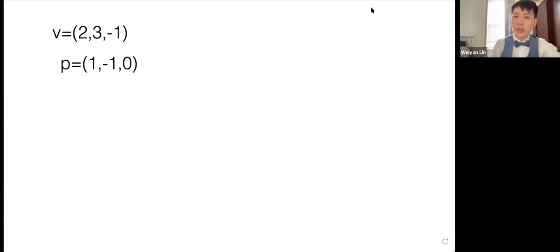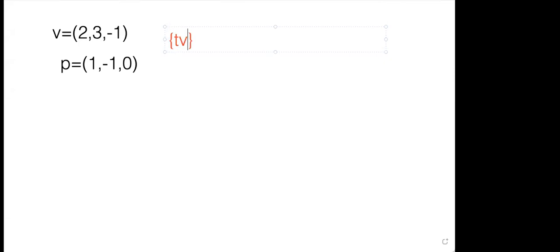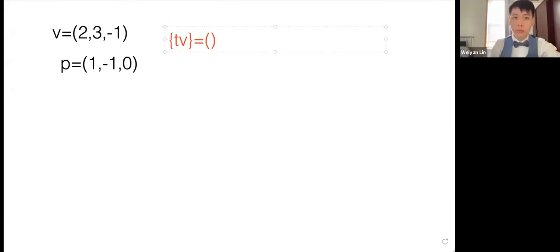The red line, the tV that we just talked about, is all vectors of the form 2t, 3t, and then minus t, such that t is a real number.